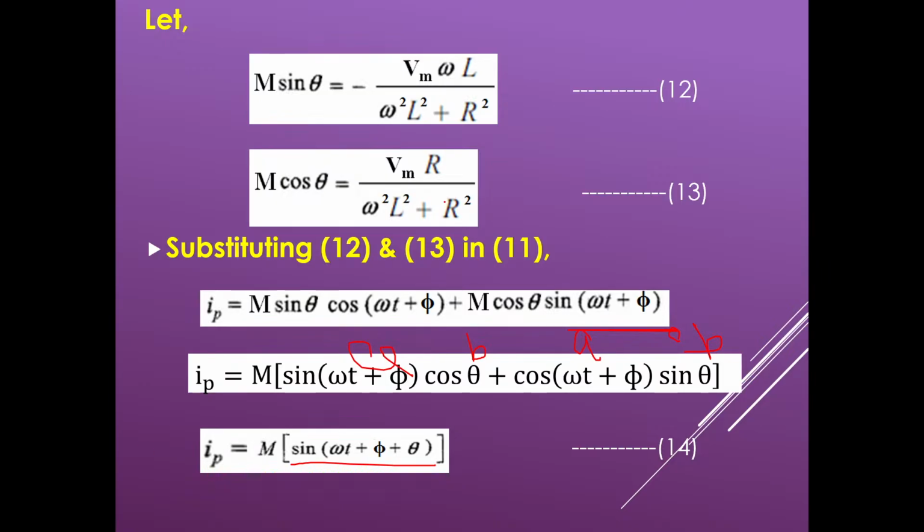So A is equal to omega t plus phi and B is equal to theta. So IP, I have got a very small expression here. The expression is IP is equal to m sin omega t plus phi plus theta. Consider it as equation number 14.